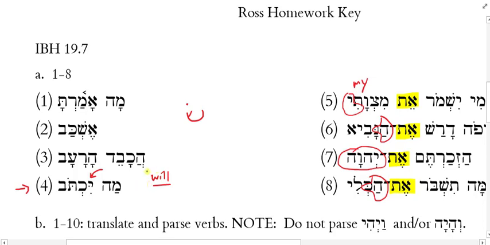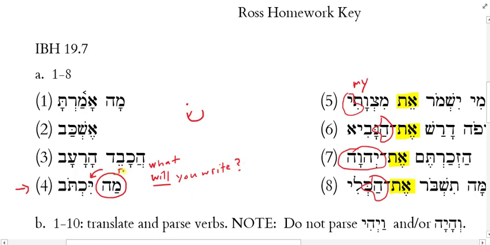What will you write? Now, here's a question for you. What is the function, the grammatical function of ma here? What will you write? You know what I'm asking?